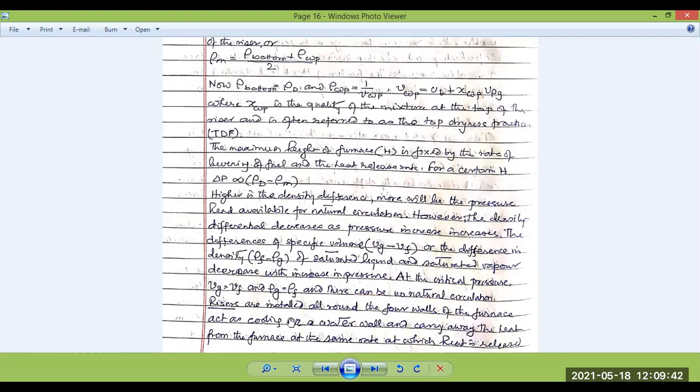Risers are installed all around the four walls and act as a cooling or water wall, and carry out the heat from the furnace at the same rate at which heat is released in it.